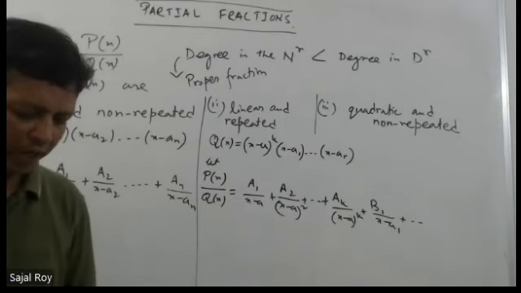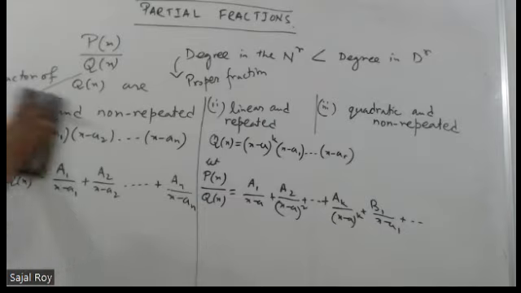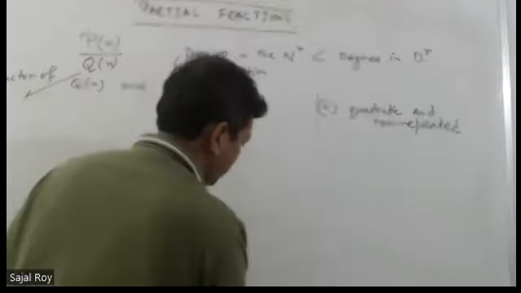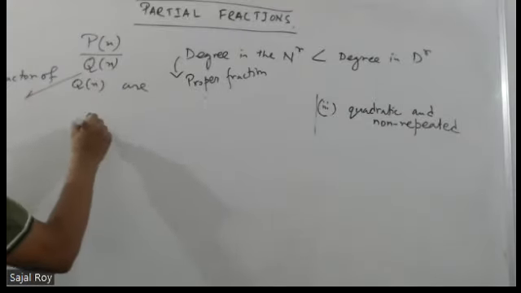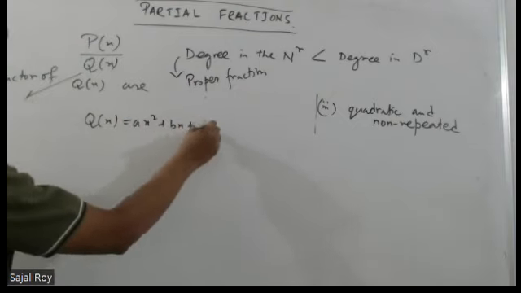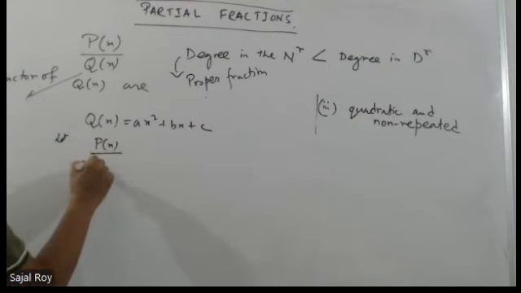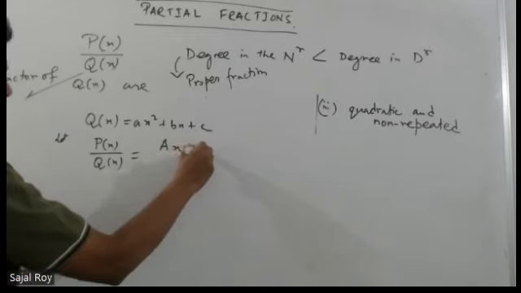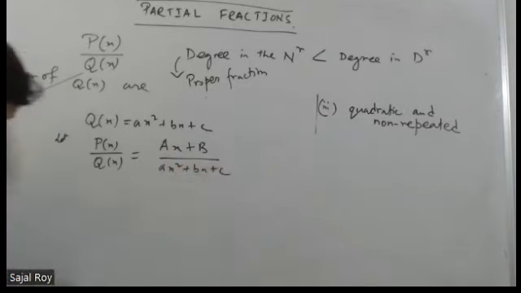Okay. Now the last case, quadratic and non-repeated. If you have a quadratic factor in q(x), you have to write (Ax plus B) over (ax square plus bx plus c).